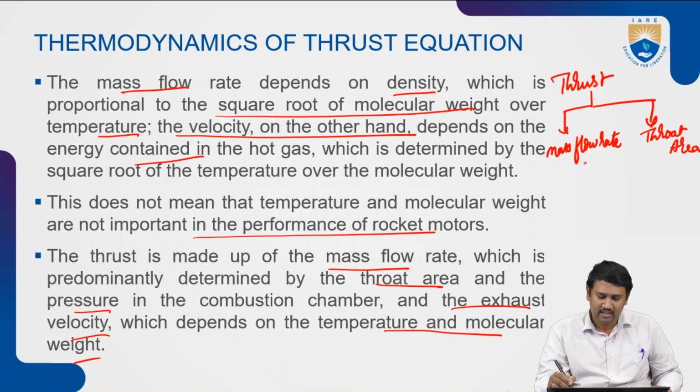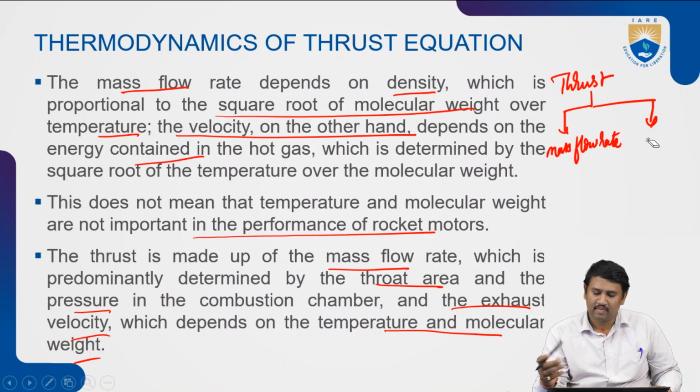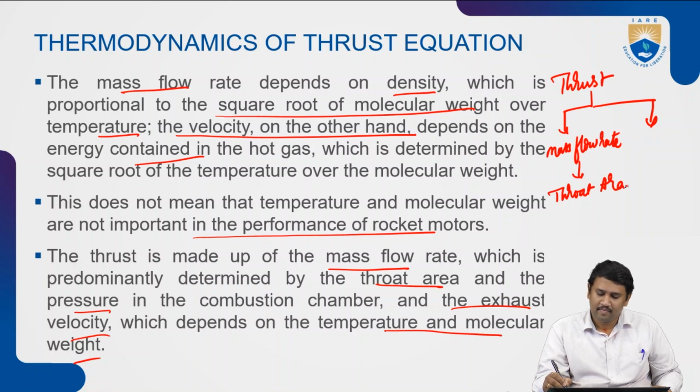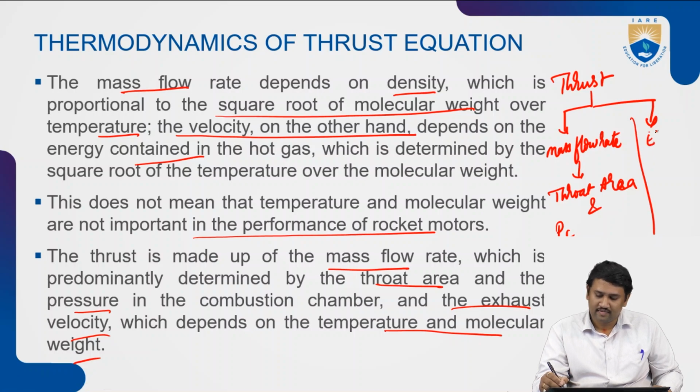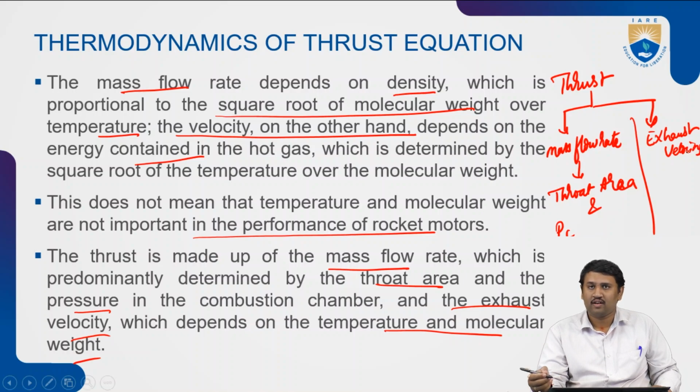The mass flow rate is predominantly determined by the throat area and the pressure in the combustion chamber, whereas the exhaust velocity is dependent on what?